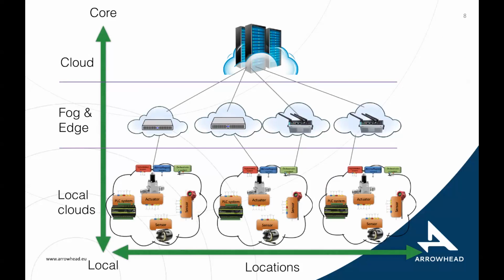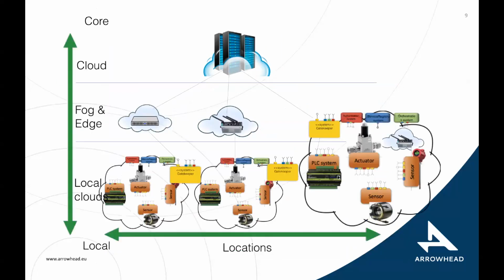And when I'm talking about local clouds, this is what we do, clouds close to the physics. But we can even think that these clouds can go up to the fog edge level. You may even have support by Microsoft, for example, in another cloud on its own.